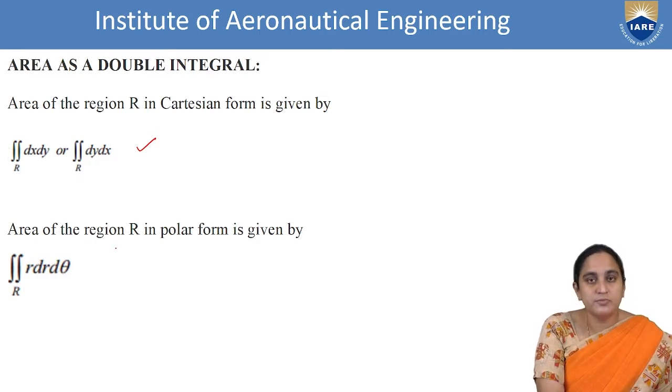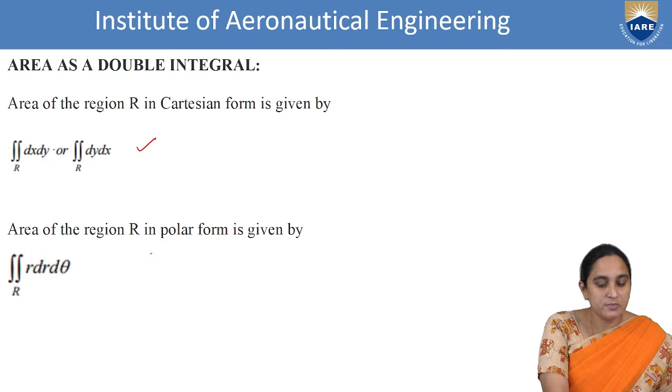Next, area of the region R in polar form is given by the double integral of r dr d theta. In that case, first integrate with respect to r, after that integrate with respect to theta.